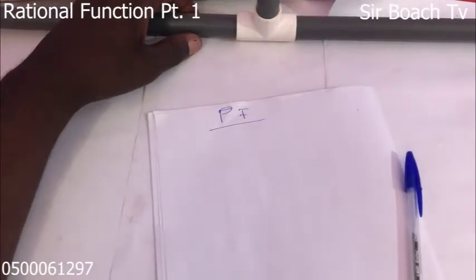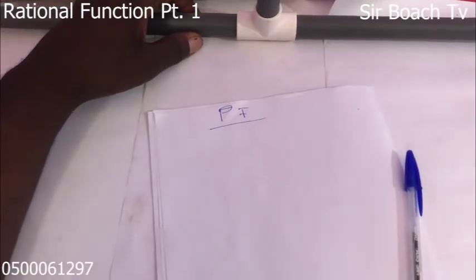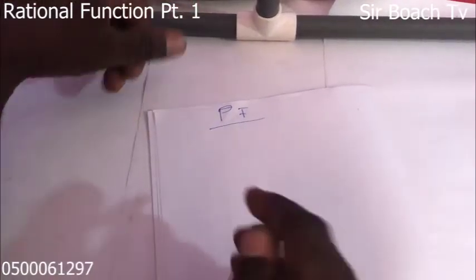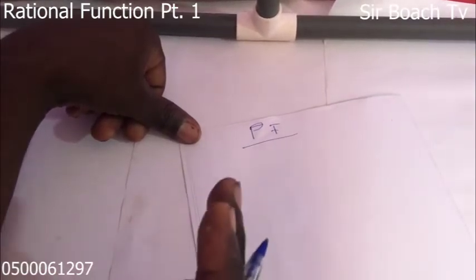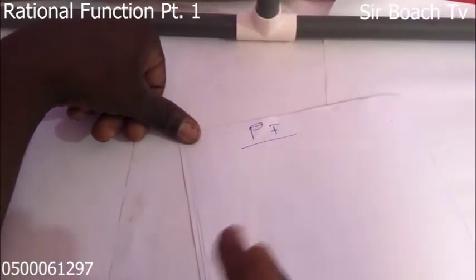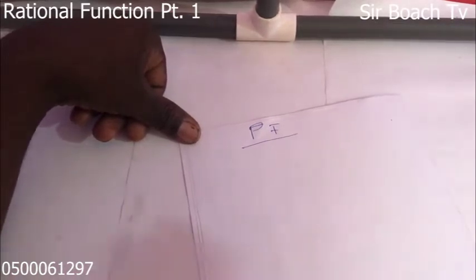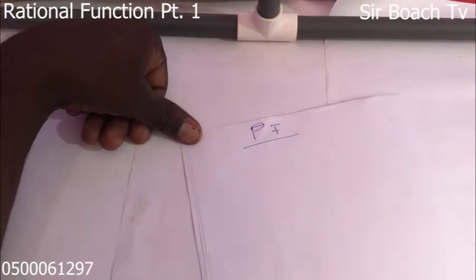And the fraction is always a proper fraction, which means that the denominator is bigger than the numerator. That's for type 1. When we are solving partial fractions, we split the fraction into 2, with A and B. Then we solve for A, we solve for B, then we get our final answer.